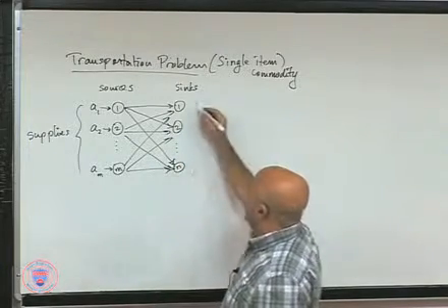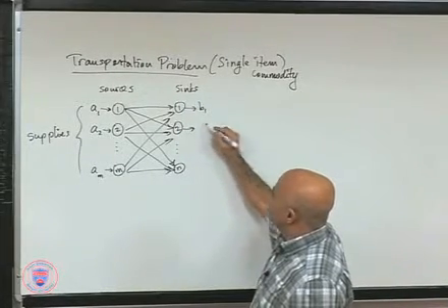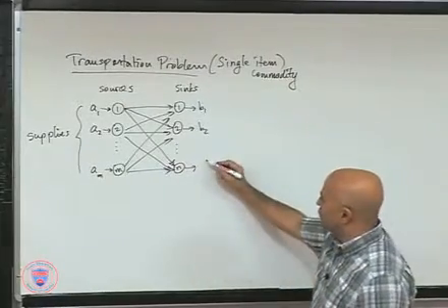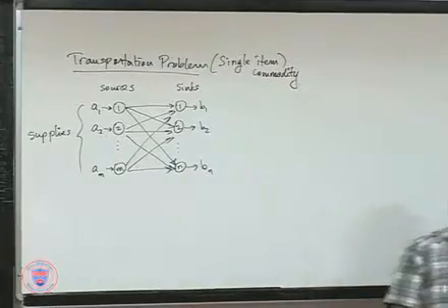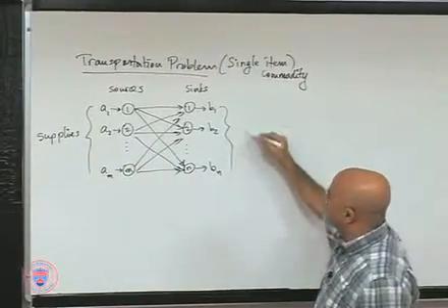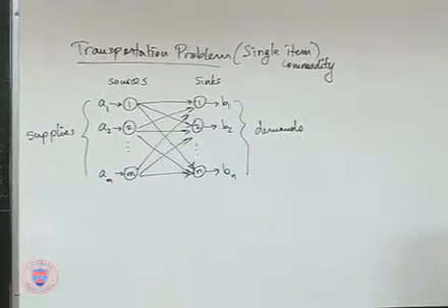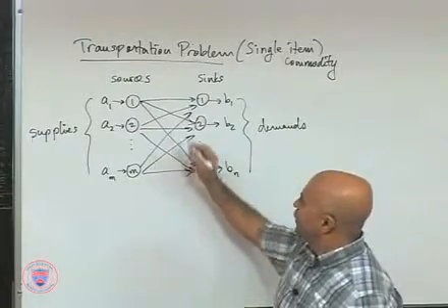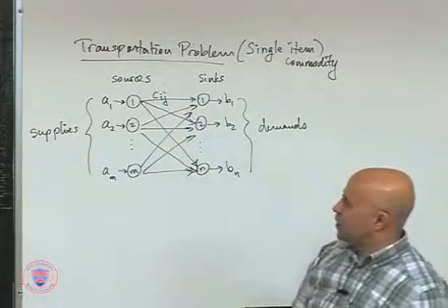So the sinks demand certain units of these products on a, say, weekly basis, and they are bj. So these are your demands. And then in the middle portion of this picture, we've got the unit transportation costs, cij.